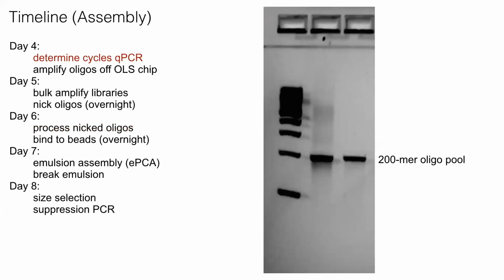Okay, so I'm skipping one step here, but it's relatively straightforward. Once you have isolated each of your subpools, you then go and do a bulk amplification in order to have several micrograms of DNA. And then you expose them overnight to a nicking enzyme, essentially nicking on either strand, on either side of that barcode.